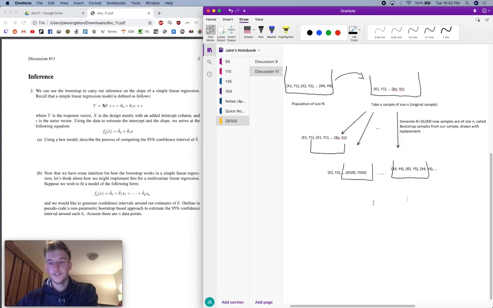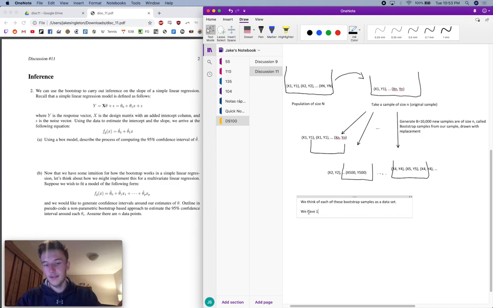Okay, so this looks good. We have these 10,000 bootstrap samples. In the context of this problem, we think of each of these bootstrap samples as a data set. With this in mind, it's pretty easy to calculate a slope coefficient for each of these 10,000 data sets.